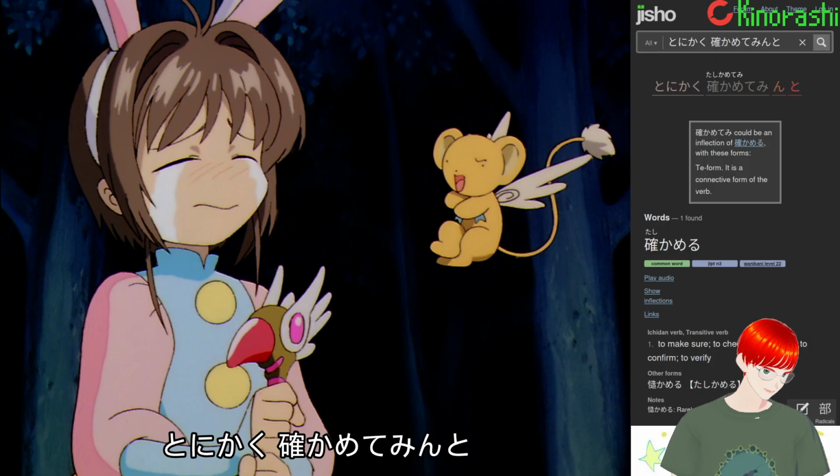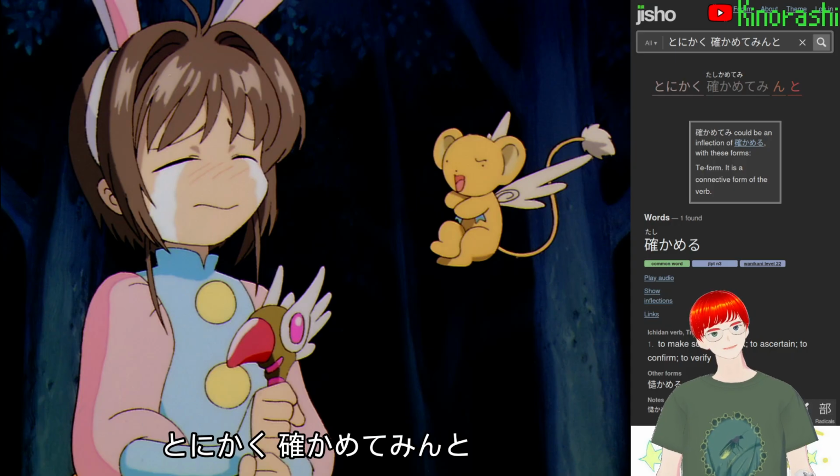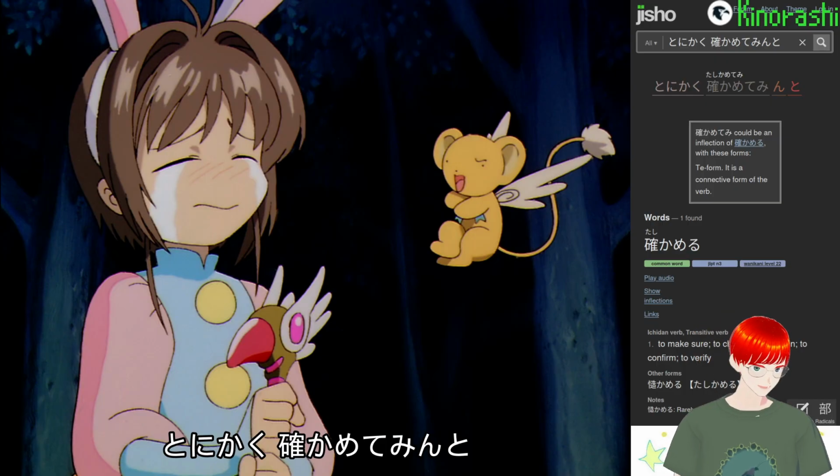Okay. Minto. This is a colloquial contraction of miyo. Is it? Miru, in this context, when attached to the te form, means to try. Yo, the volitional ending meaning "let's." Okay.